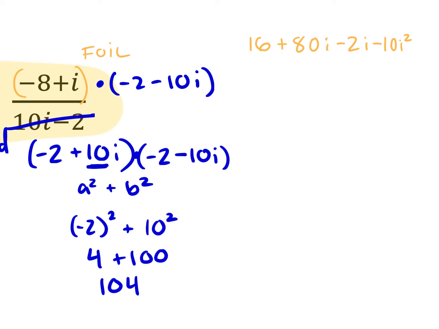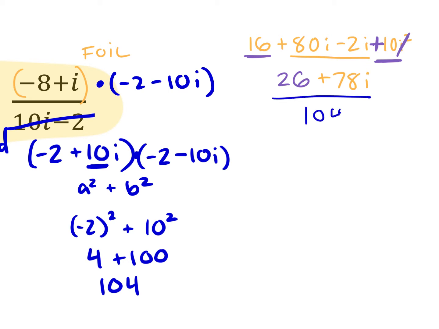Combine like terms, but before I do that, what do I want to do? Change the i squared to be a -1, which makes this a positive. So it just changes the sign of that number. So I'm going to combine 10 and 16, that becomes 26. And then I combine the i's together, so this would be plus 78i. And then our denominator was 104.